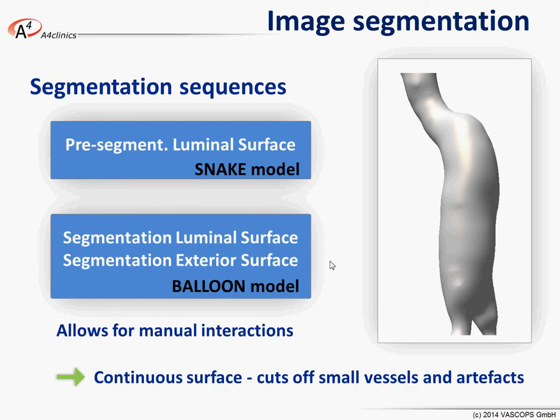In a second step, we will refine this pre-segmentation by extending this concept to 3 dimensions, and we call that the balloon model. Such a balloon model will be used to perform a segmentation of the luminal surface first, and then in a final step the segmentation of the exterior surface of our aneurysm. How that works, we're going to see in a later section.